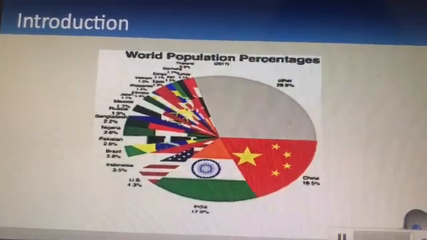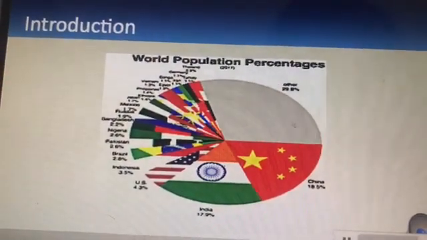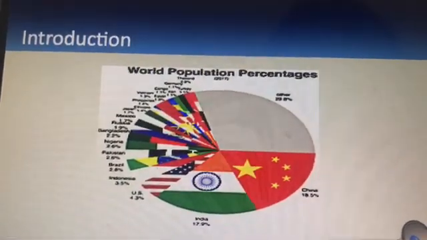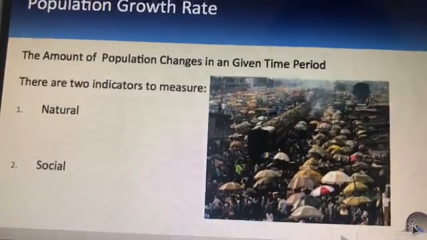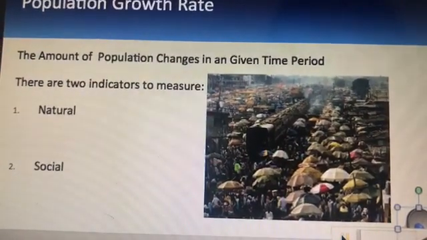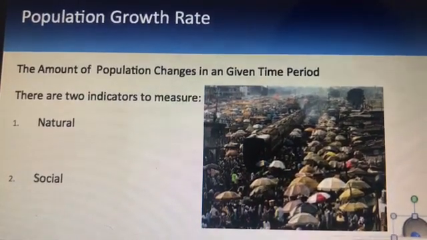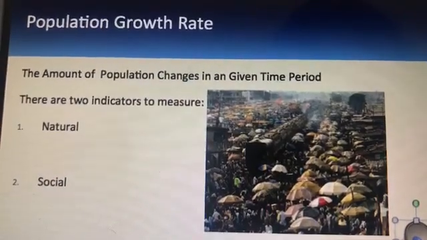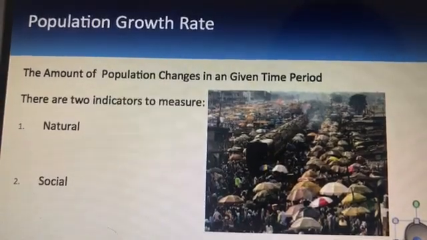But first, you need to know, how do we measure population rate? There are 2 ways of measuring it. The population growth rate has 2 different ways to be measured. The amount of people who live in a time period can be counted in 2 ways.